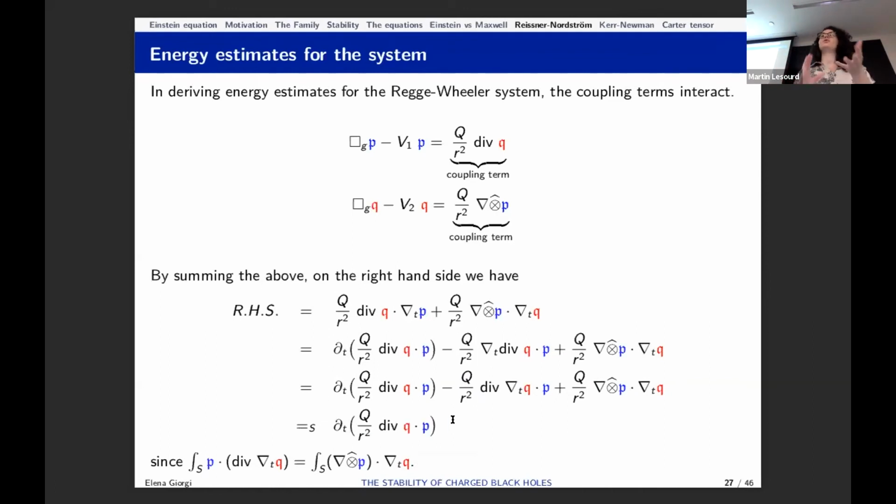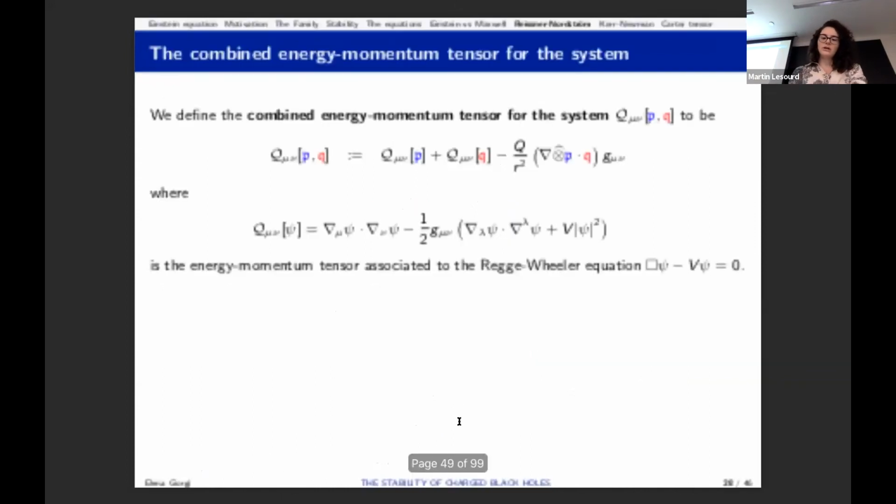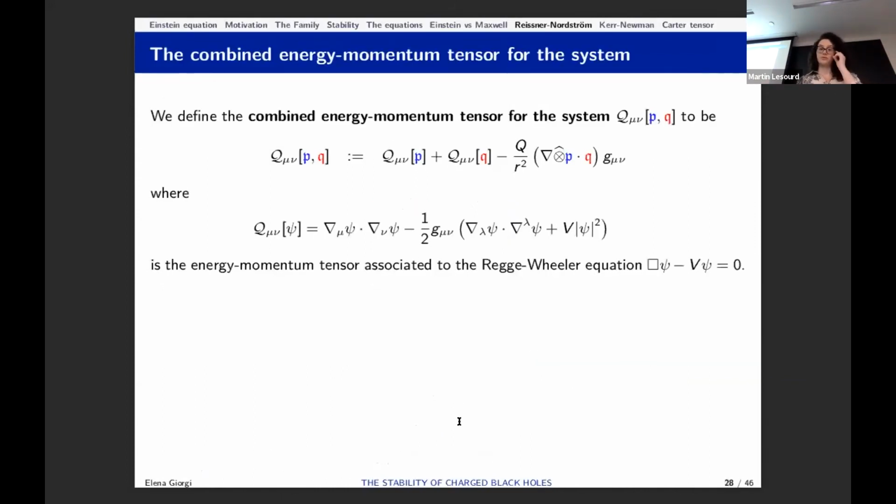So this is going to modify the definition of the energy. The energy is given by two positive objects minus this kind of dot product. So you still have to prove that the boundary term is positive, but it's something that you can do in the full sub-extremal case. And another way of looking at this, if you don't want to think of multiplying by nabla t and integrating by parts, is to define a combined energy momentum tensor.